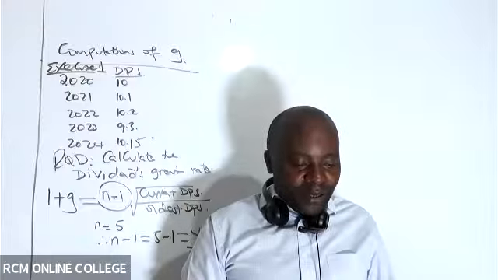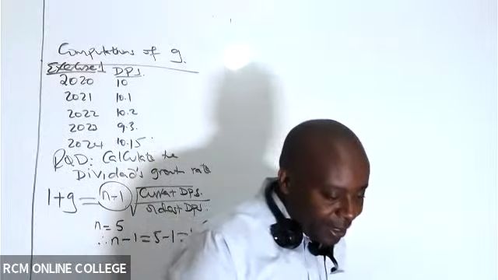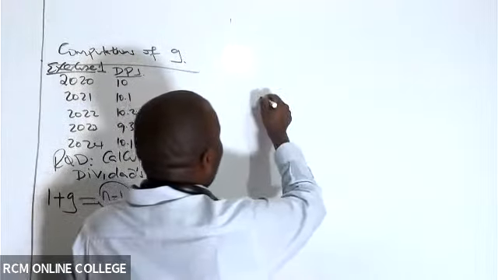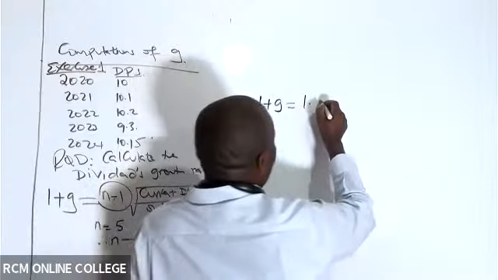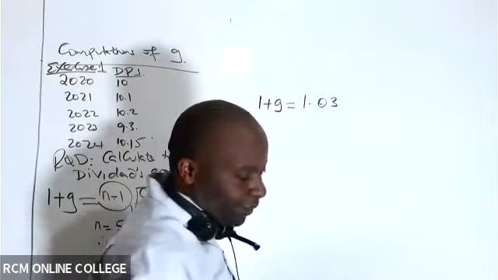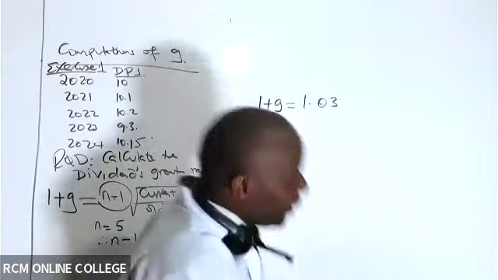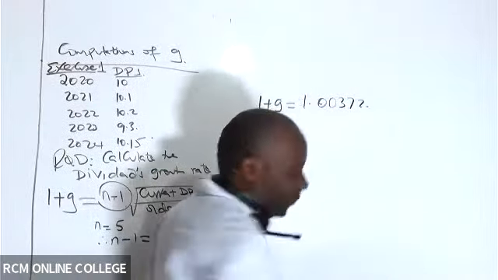Is the answer really correct? I don't know. What did you get? Let's get back a little bit. So here we have 1 plus G equals 1.00372 like that.